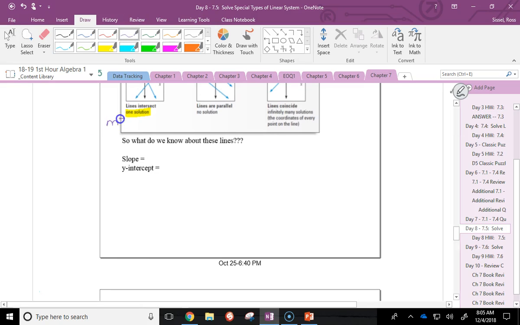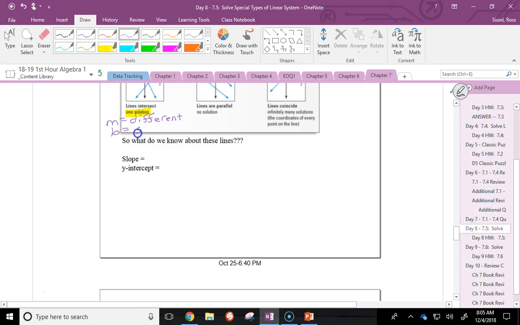I'm going to say just m is different. But we're going to say our y-intercept. When's the only time it would be the same, Connor? It's if it was intersecting on the y-axis. Very good. If that y-intercept was the intersection, then it'd be the same.